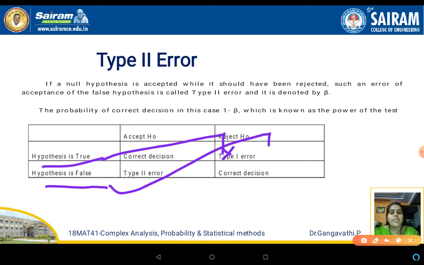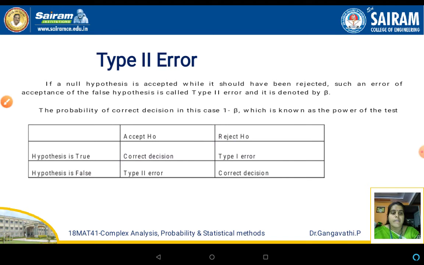Therefore, this becomes a correct decision. This is how you need to understand the table. When the hypothesis is rejected when it should have been accepted, it is a type 1 error, and in the opposite case, the hypothesis is accepted while it should have been rejected, it is a type 2 error. These are the two types of error which happen in the sampling distribution.